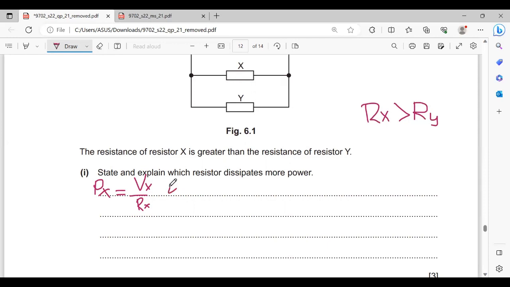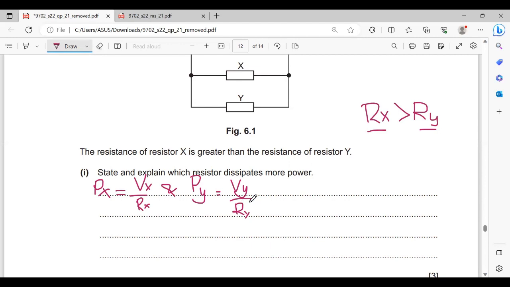And Py equals Vy squared over Ry. If resistance X is greater than resistance Y, this will have implications for Px and Py.